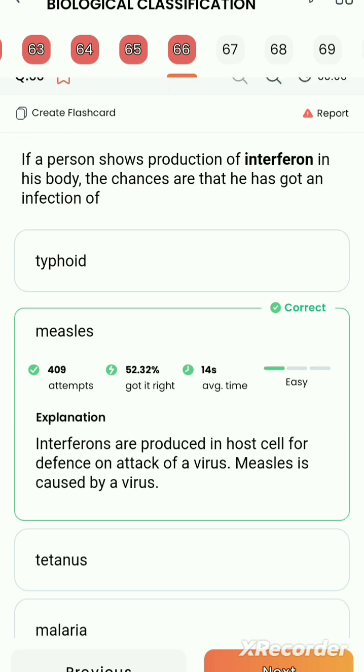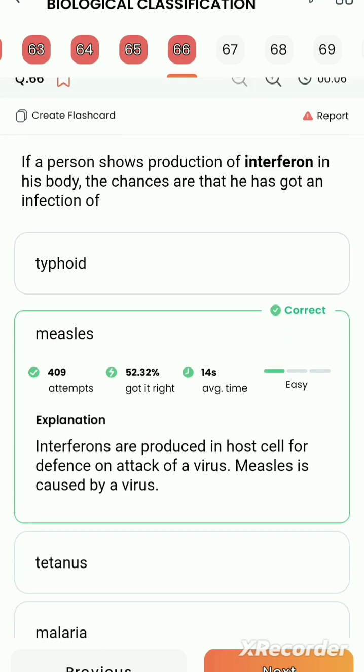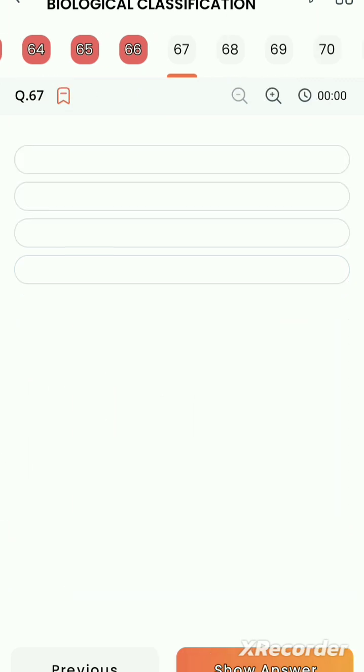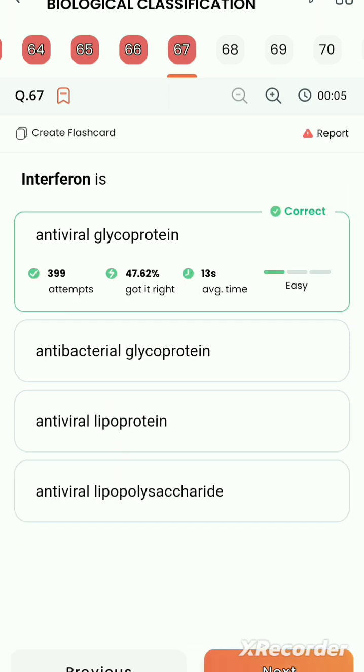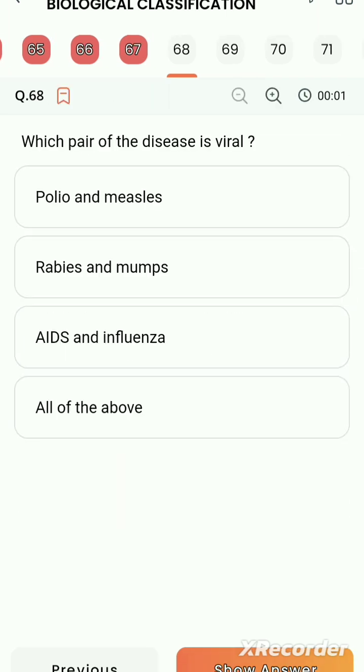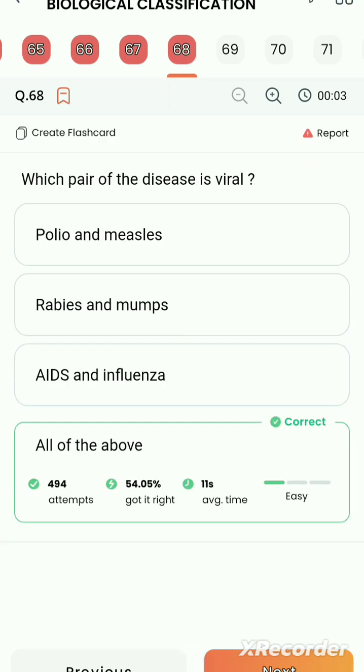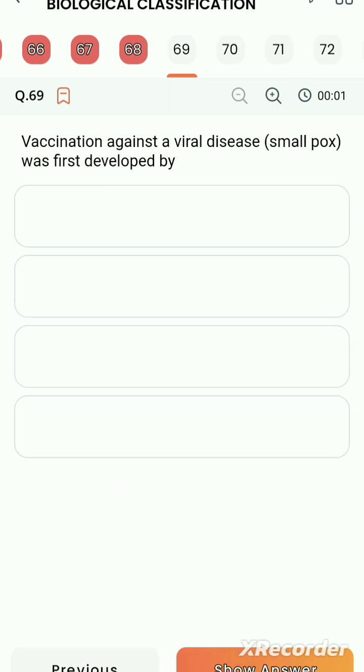So among this, which is the virus? That is measles is the virus. If interferon is present in your body, that means there is a viral infection in your body. Interferon is an antiviral glycoprotein. So which part of the disease is viral? All this above are viruses only.